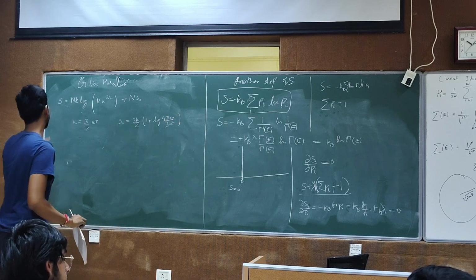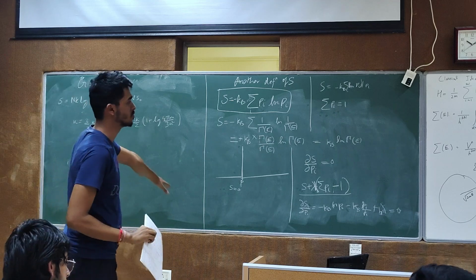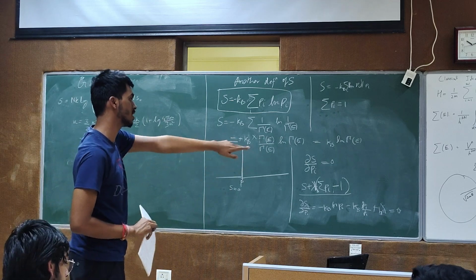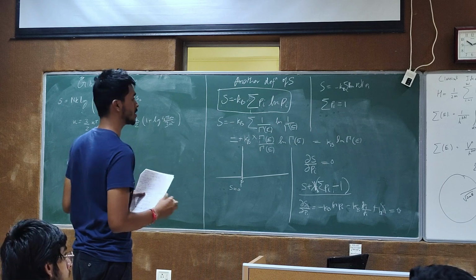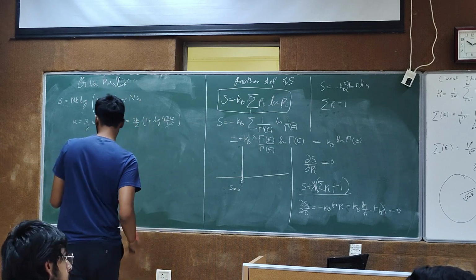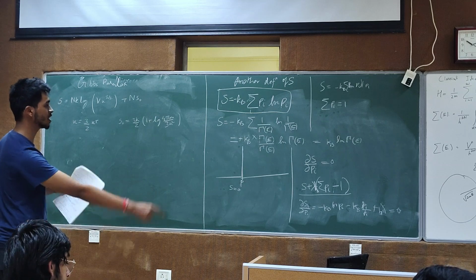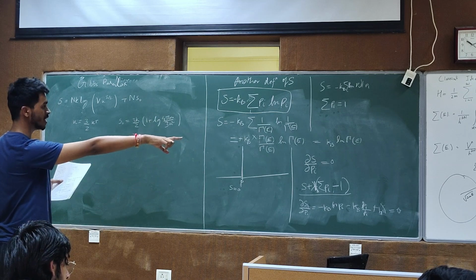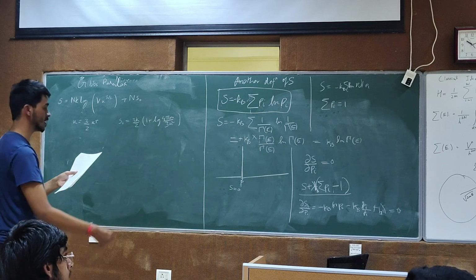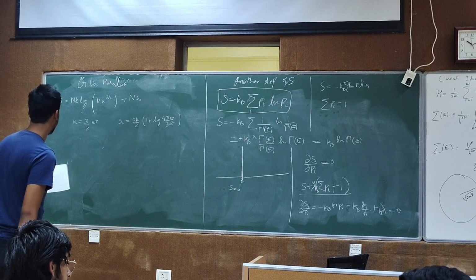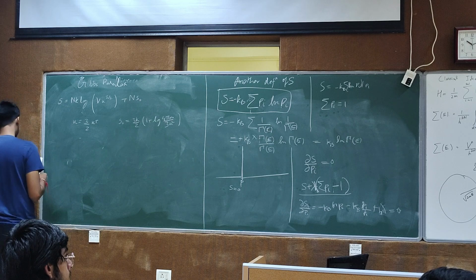So this is basically the entropy per unit volume. If you substitute E to be 3 kT by 2 and remove the volume, you get this.